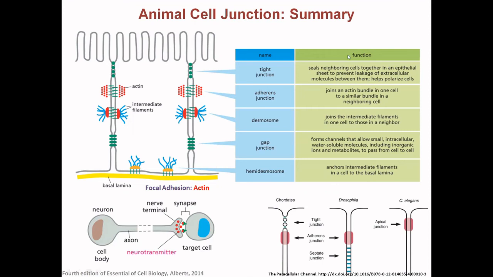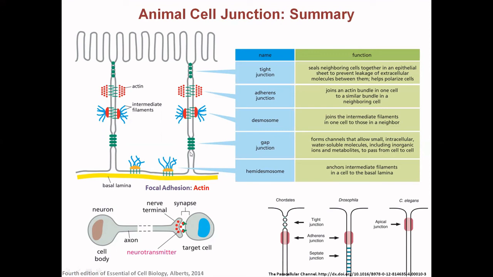Then, based on which cytoskeletal element is involved, the anchoring junction is of the adherens type, or it can be called a focal adhesion, depending on whether it is cell-cell interaction or cell and extracellular matrix, cell-basal membrane interaction. If it is an intermediate filament and cell-cell, it is called desmosomes. And if it is cell and basal lamina or connective tissue, it is hemidesmosomes.